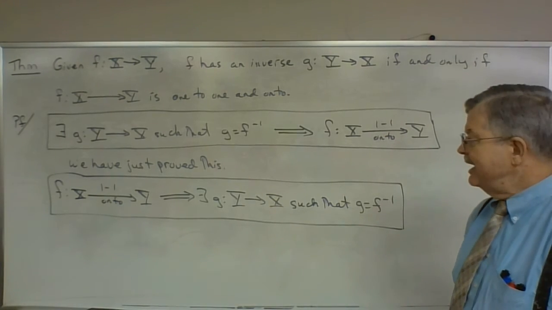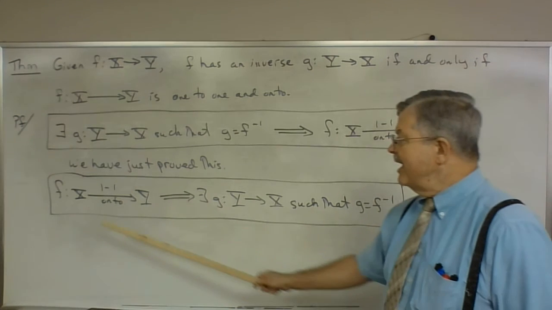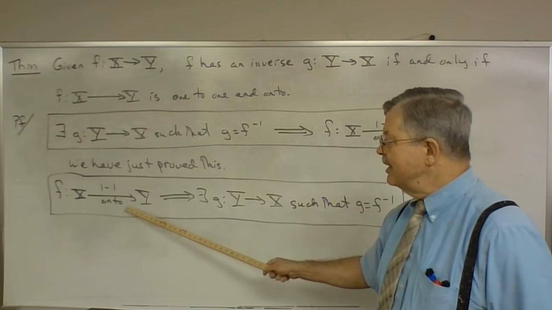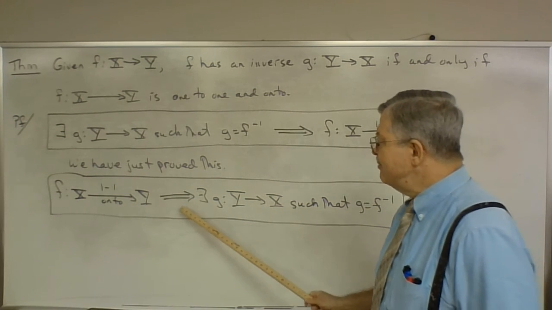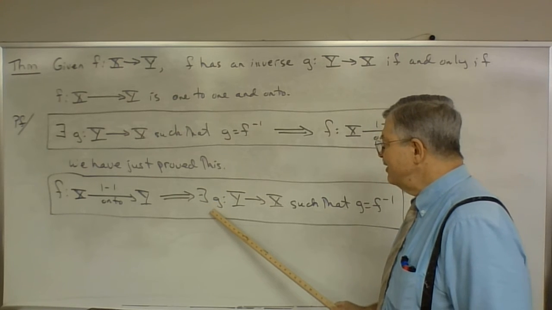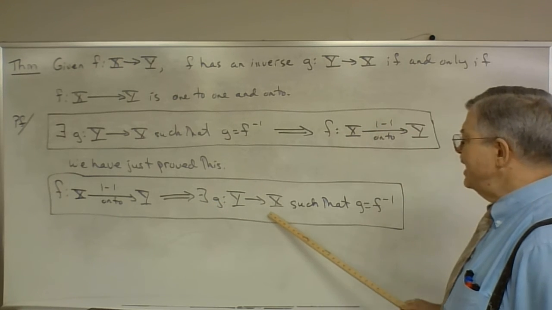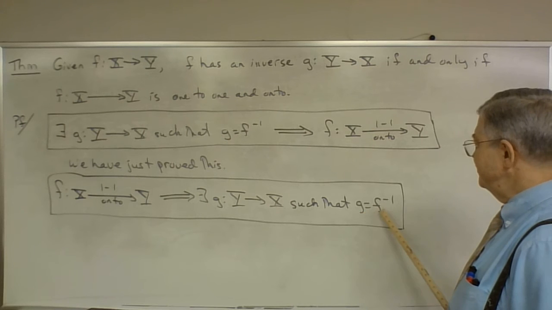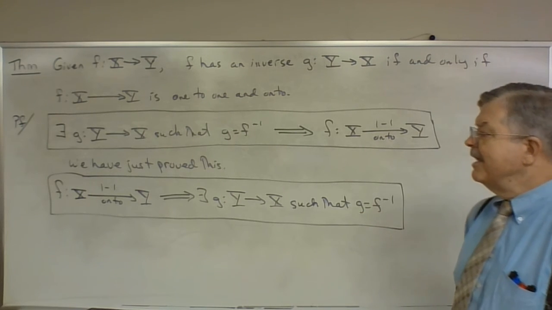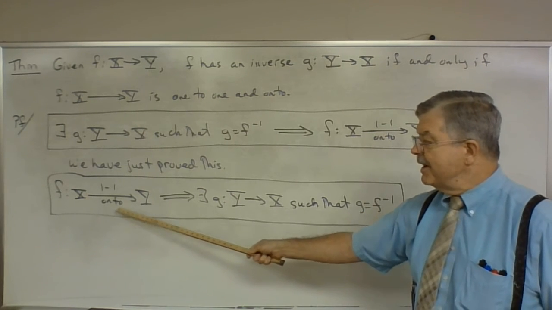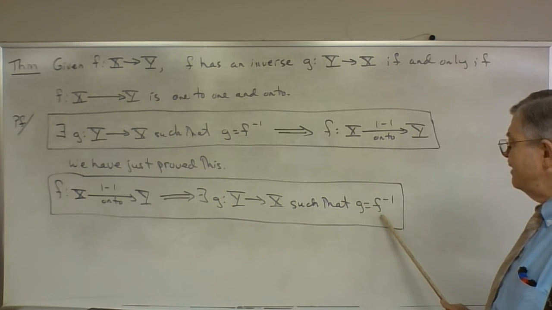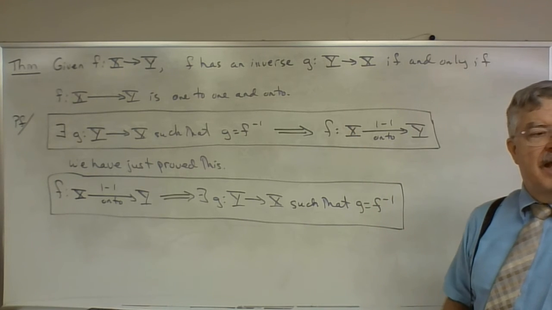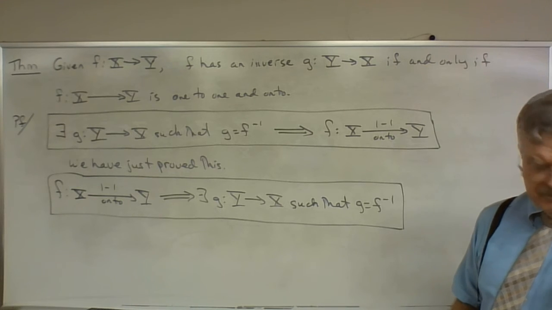Okay, here we are taking it in the other direction. f from x to y is 1 to 1 and onto, implies that there exists a function g from y to x such that g is f inverse. So if a function is 1 to 1 and onto, it's going to have an inverse. And that's what we're going to prove right now.